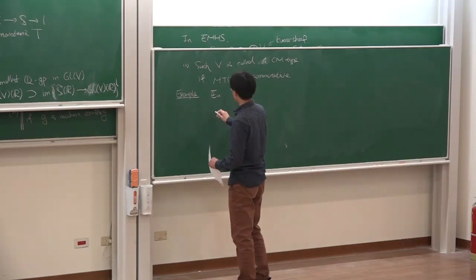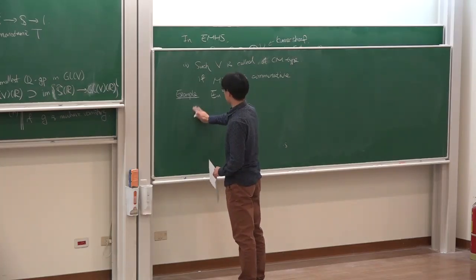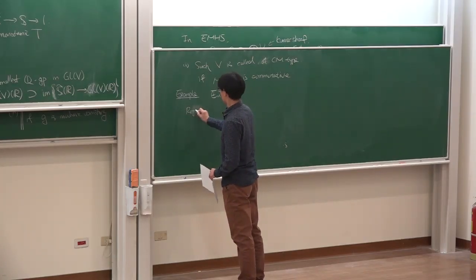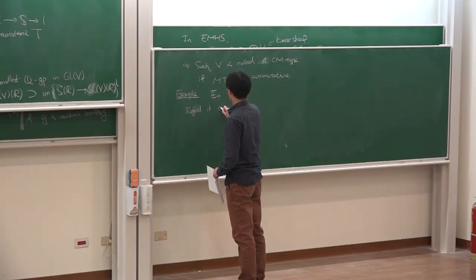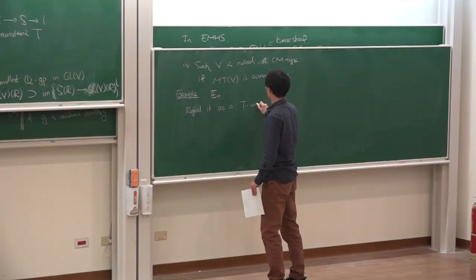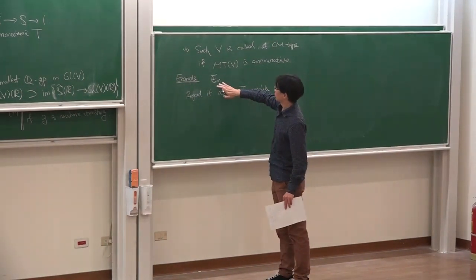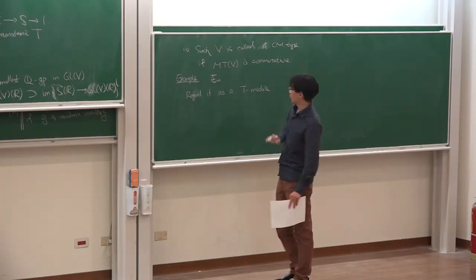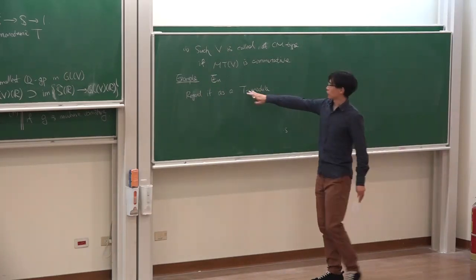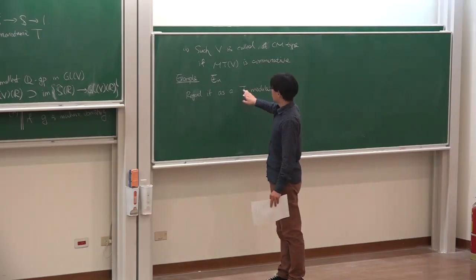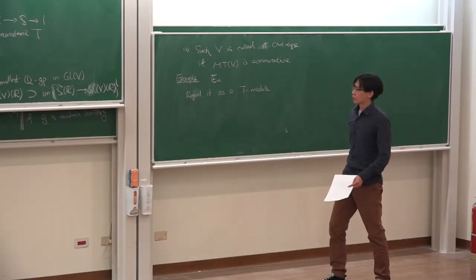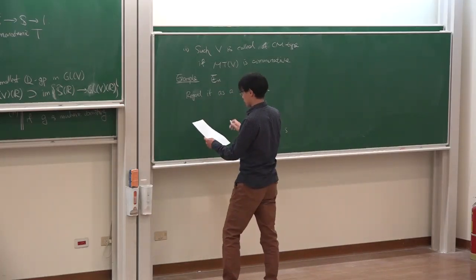Why is that? Consider V as a T-module. Over Q as a vector space, this has dimension n minus 1 with the T action, and the eigenvalues of this T consist of all n-th roots of unity except one. We describe this explicitly.